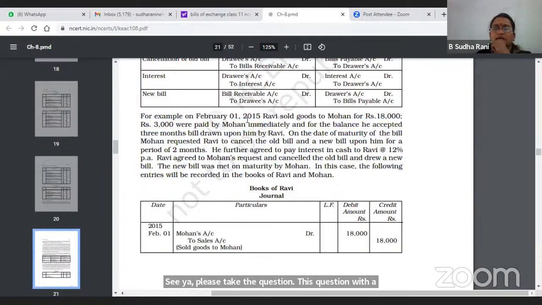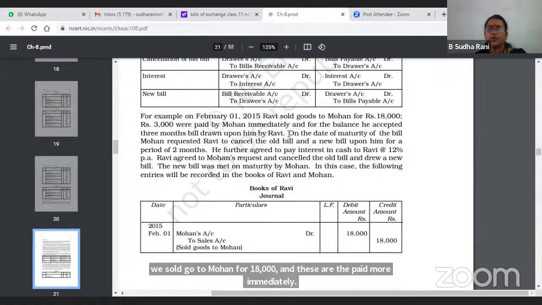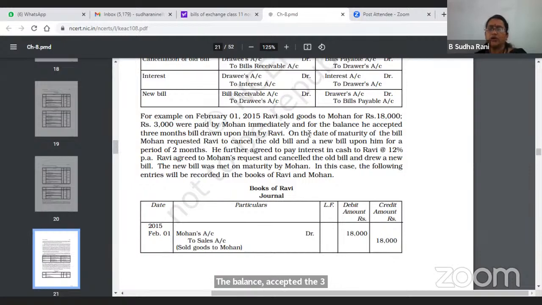On 1st February 2015, Ravi sold goods to Mohan for 18,000 and 3,000 was paid by Mohan immediately. And the balance he accepted, a 3 months bill drawn upon him by Ravi. On the date of maturity of the bill, Mohan requested Ravi to cancel the old bill and write a new bill upon him for 2 months.